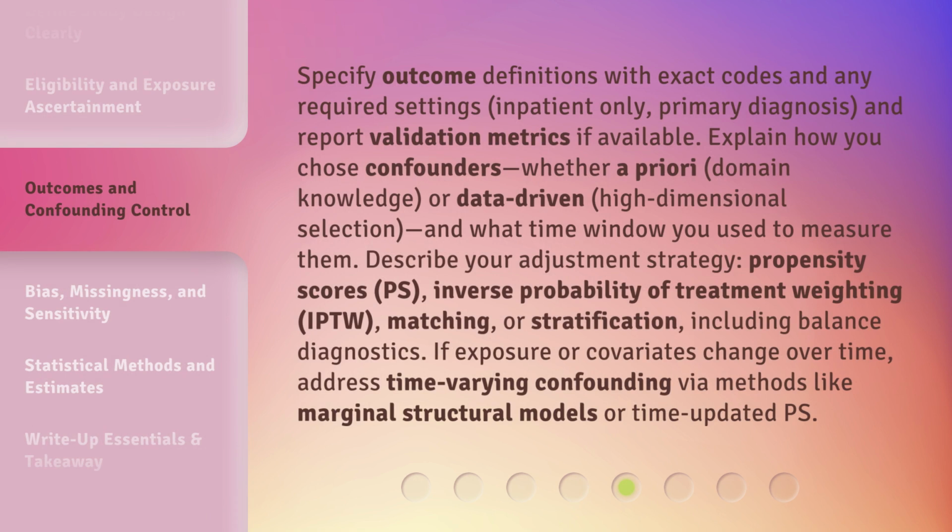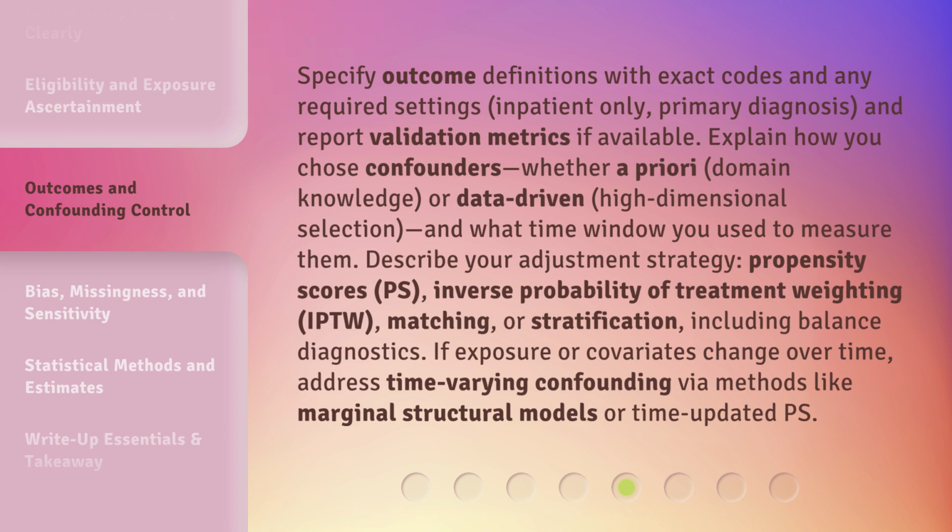Specify outcome definitions with exact codes and any required settings, inpatient only, primary diagnosis, and report validation metrics if available. Explain how you chose confounders, whether a priori, domain knowledge, or data-driven, high-dimensional selection, and what time window you used to measure them.